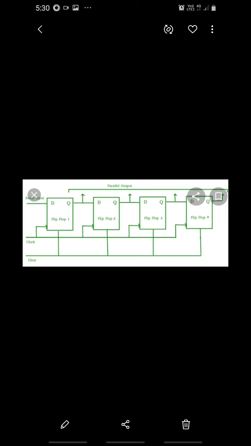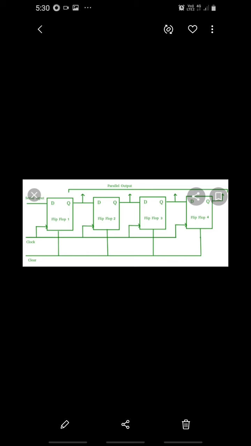The next data bit to be stored is 0. This is now applied at D0 at the positive going edge of the second clock pulse. The value present at Q0 is sent to the output of the second flip-flop and stored in it.